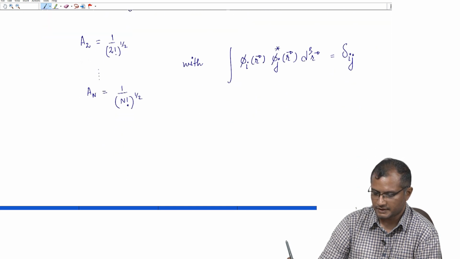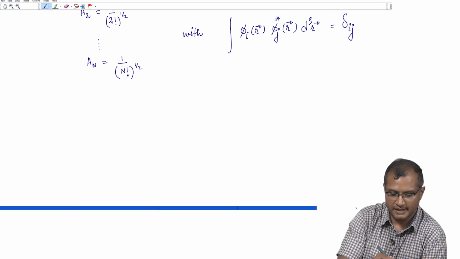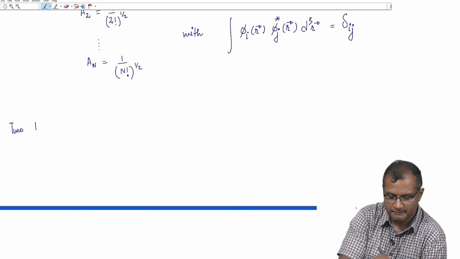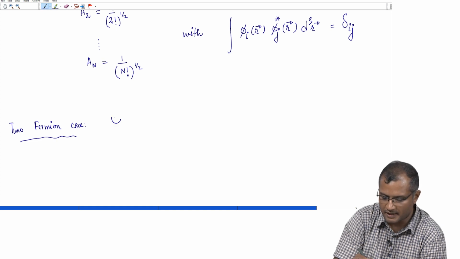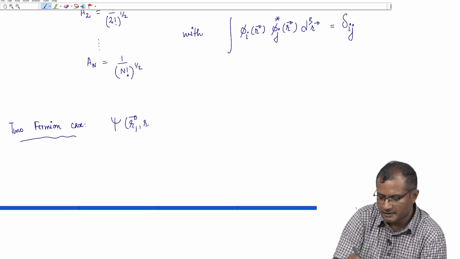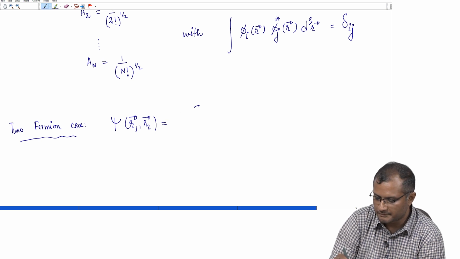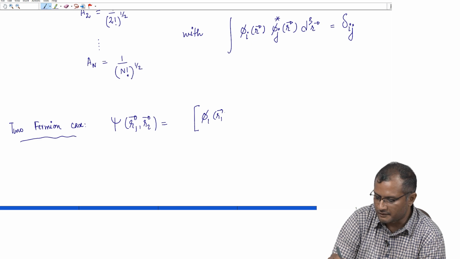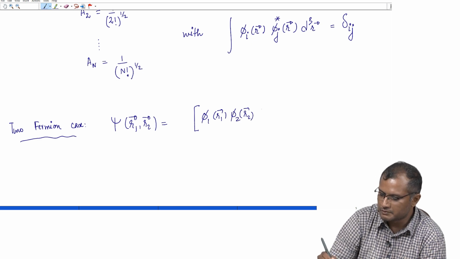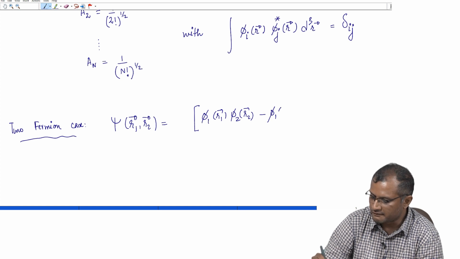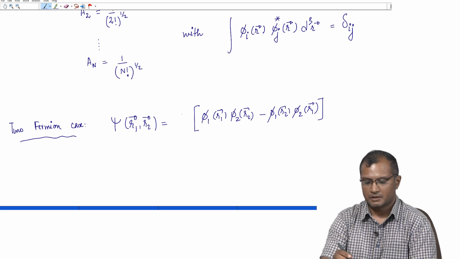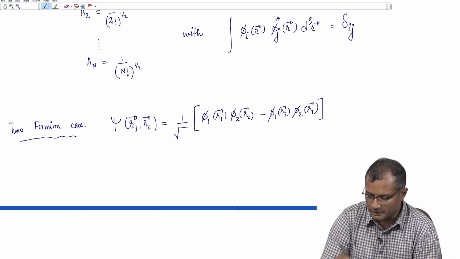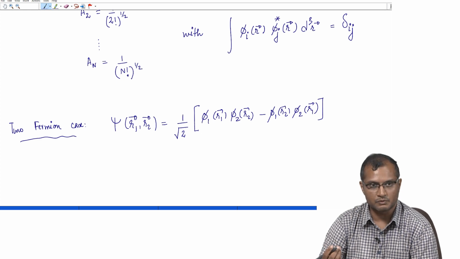You can check. Okay. So, for the simple 2 particle case, 2 fermion case, you had your psi r1 r2 given as phi 1 r1 phi 2 r2 minus phi 1 r2 phi 2 r1, and I have to take the normalization as 1 upon square root of 2 factorial, which is 2.